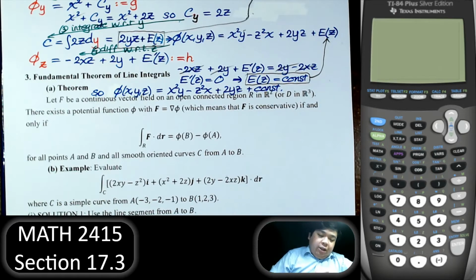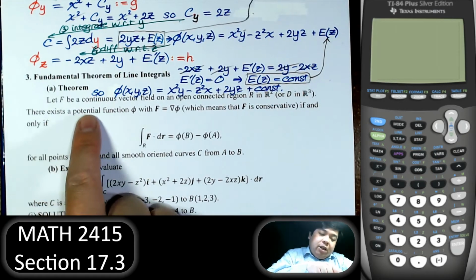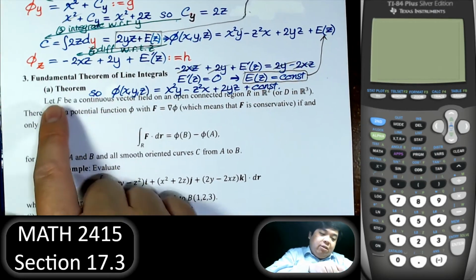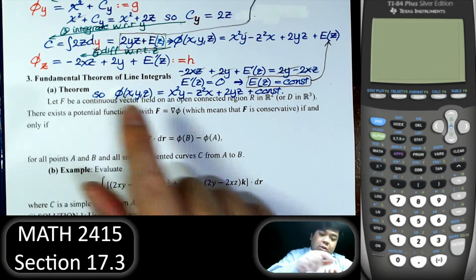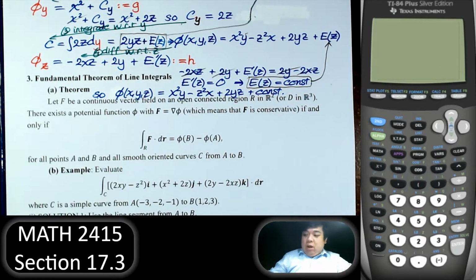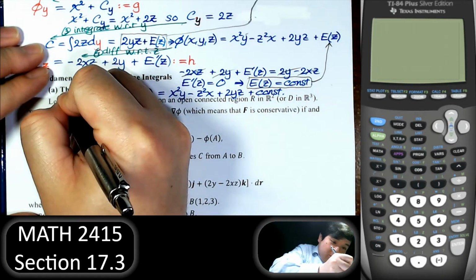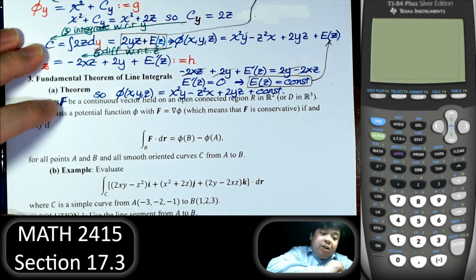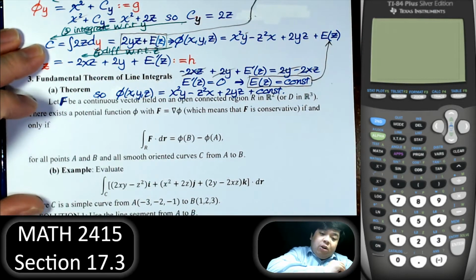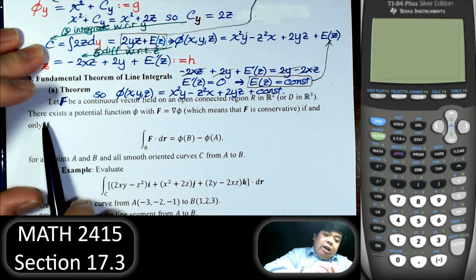So that's what we have. Next, let f be a continuous. Now we have the fundamental theorem for line integrals, because by the name of it, it is rather important. Right, so let f, by the way, I forgot, this is a typo here, this should be a vector field f. Let vector field f be a continuous vector field on an open connected region.